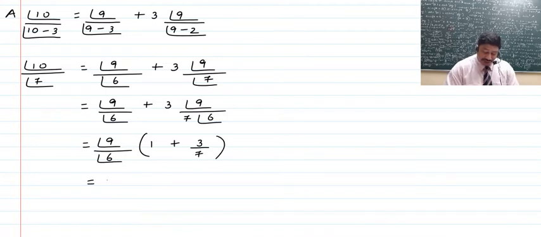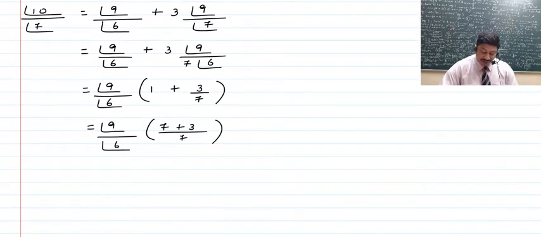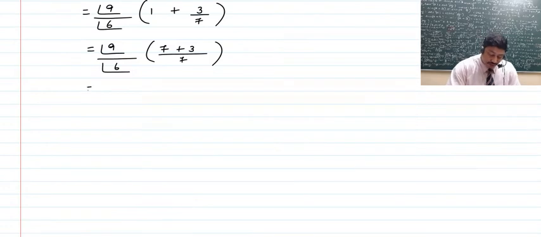Now children, on solving this will give us factorial 9 divided by factorial 6, right? And then if we take the LCM, we will get 7 plus 3 divided by 7. In the next step we will have factorial 9 upon factorial 6, which is then multiplied by 10 upon 7.